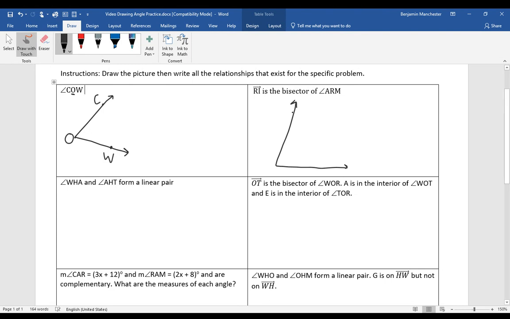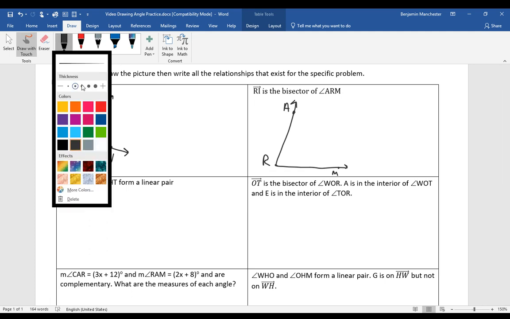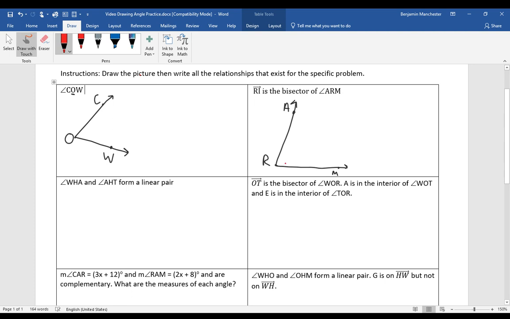ARM means it has a point A, a vertex of R, and another point of M. Now, ray RI starts at R and is the bisector, so it goes right down the middle of this. So let's see if we can draw this as middle as we possibly can. Right down the middle, about. Okay, so out here there is some point I.